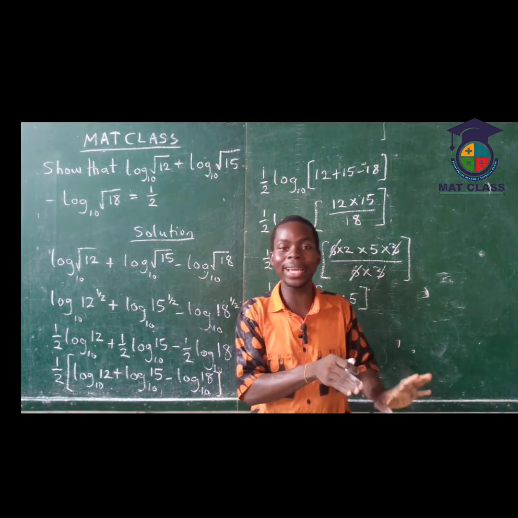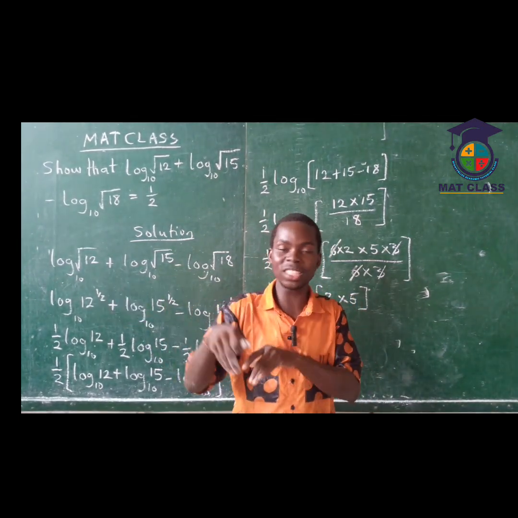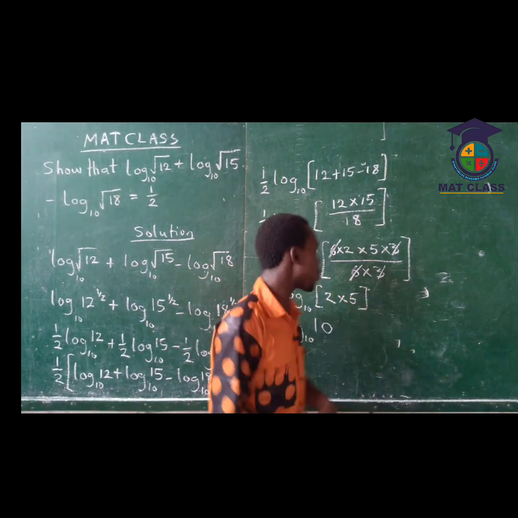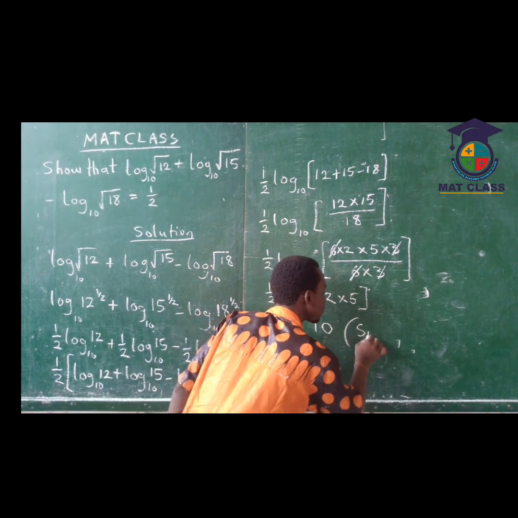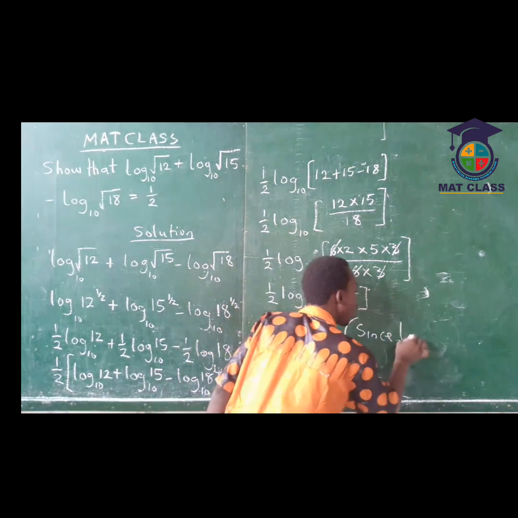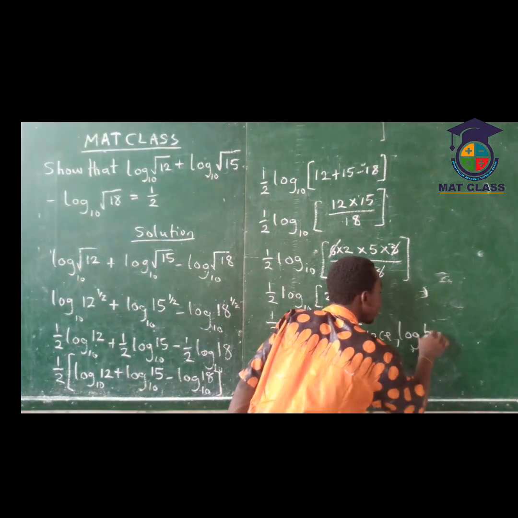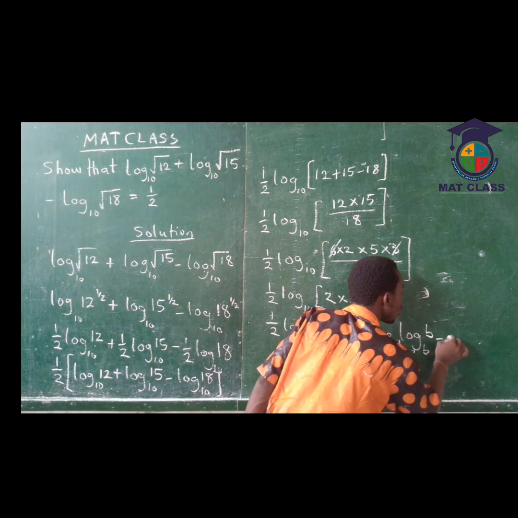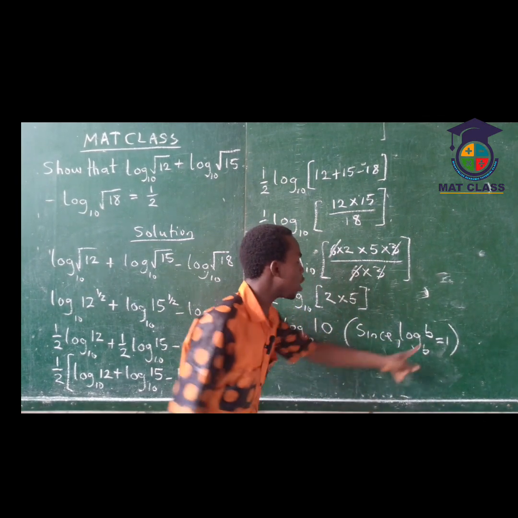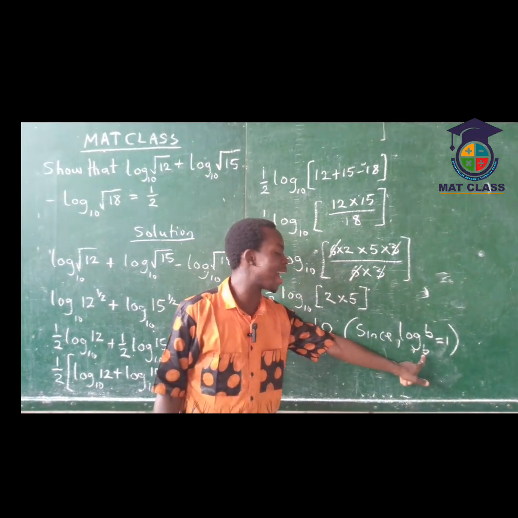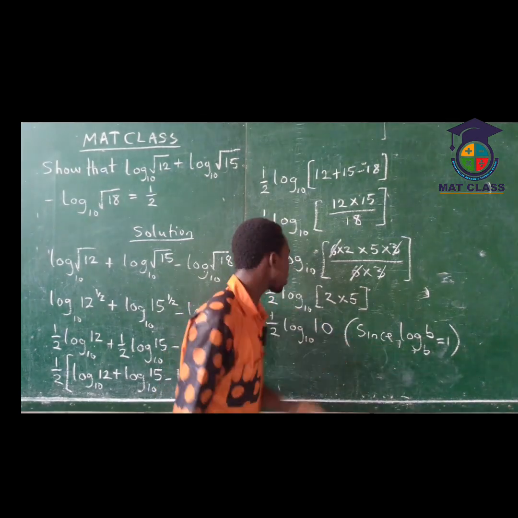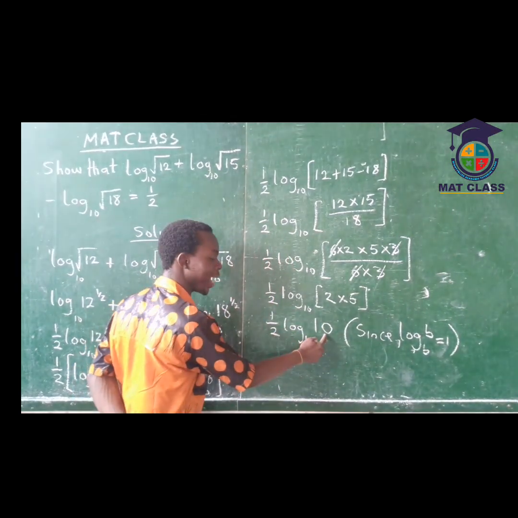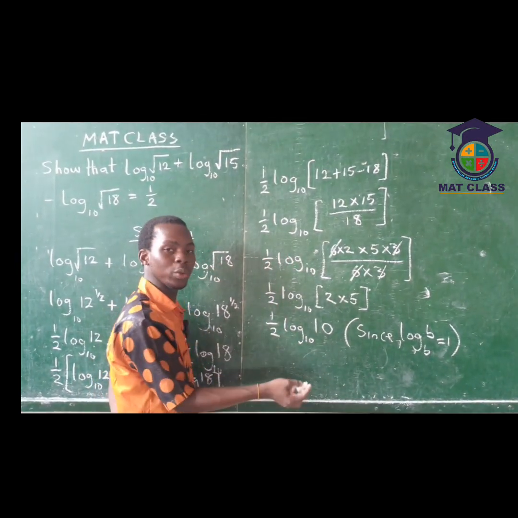For example, the log of b base b will also be 1. Since the log of b base b is equal to 1, you can see that my log that is here is the same thing as the base that is here, which means that the log of 10 base 10 will always give me 1.